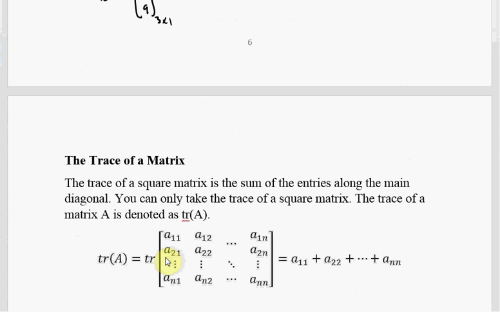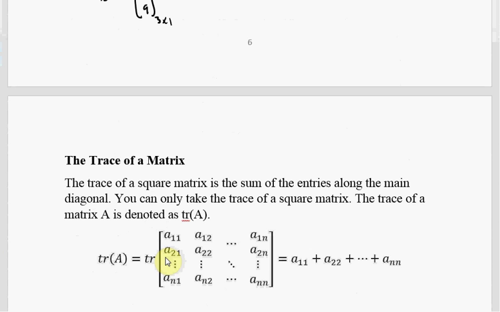So anyway, the trace of a matrix is the sum of the entries along the main diagonal. The main diagonal is where the number for the row equals the number for the column. So A11, A22, A33. If it's a square matrix n by n, you do that n times. Just add up those entries along the main diagonal.